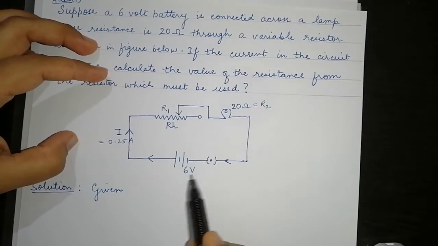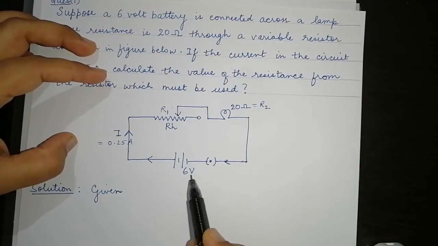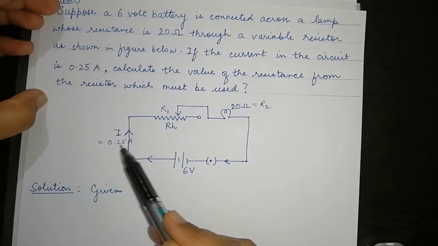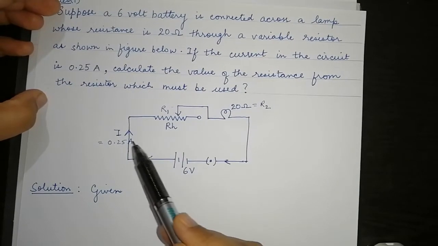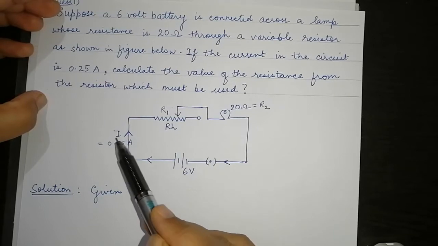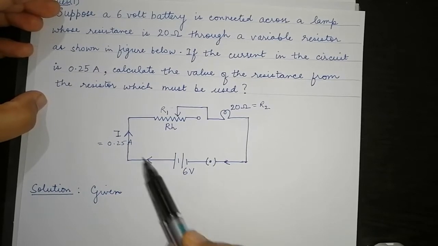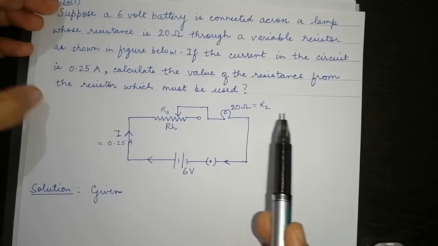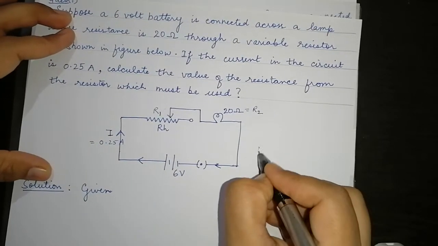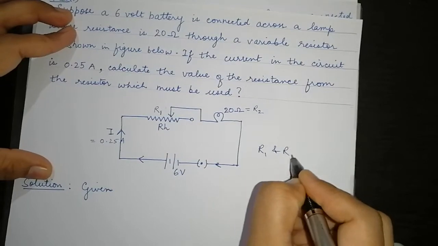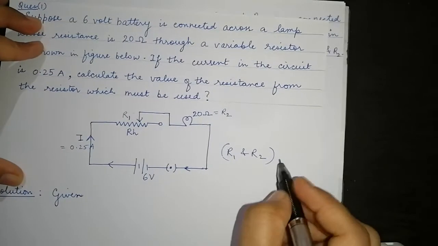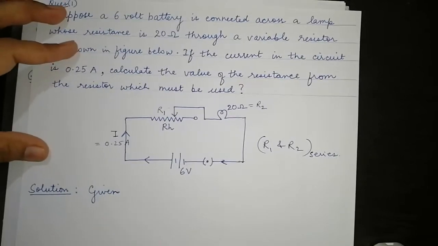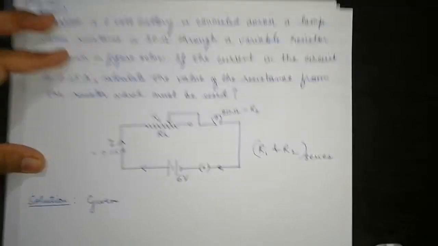Okay, now we can see here through a 6-volt battery a 20 ohm lamp is connected and 0.25 ampere is flowing through it. Now you see when this current 0.25 ampere is flowing through R1, the same current is flowing through R2. So clearly R1 and R2 are in series. Right? Now first of all, we will write what is given.